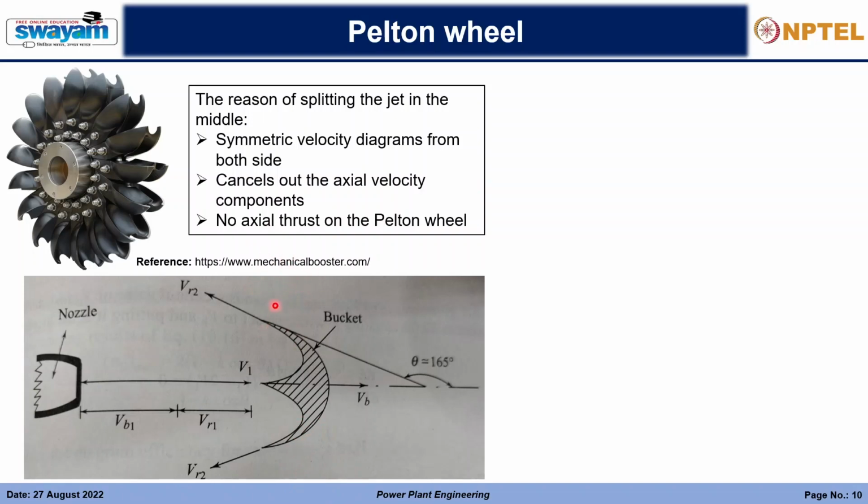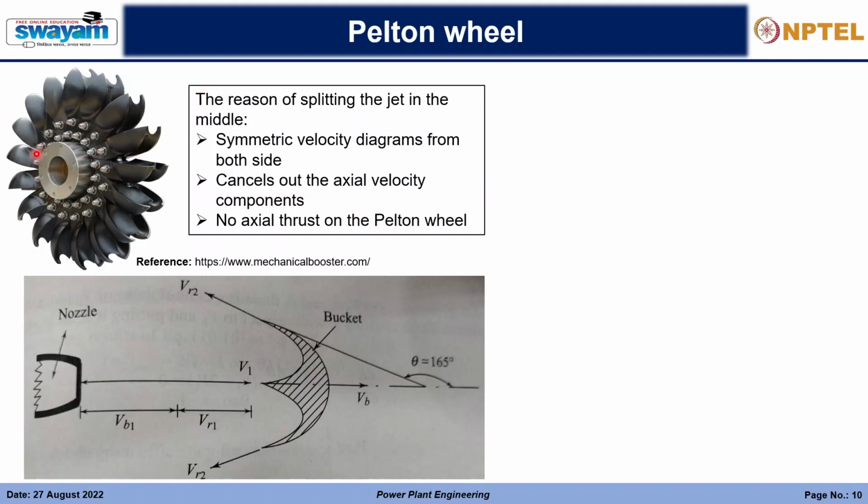And hence you can see here, if I supply this jet in the tangential direction, the water will move out in this direction and in this direction, that is along the shaft's longitudinal direction.